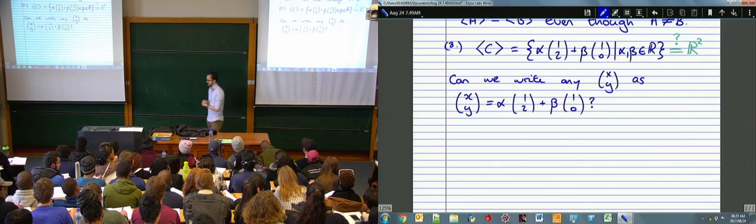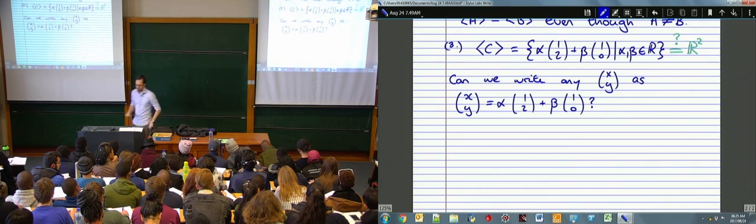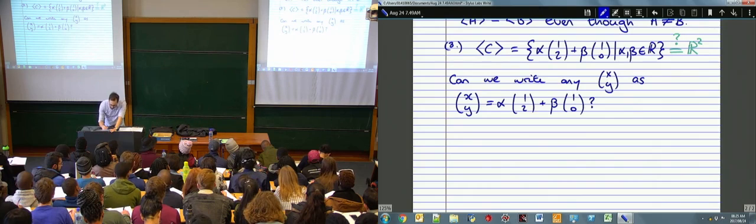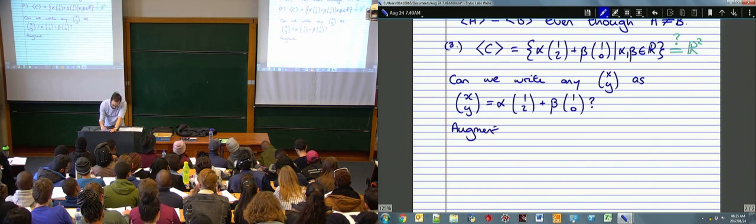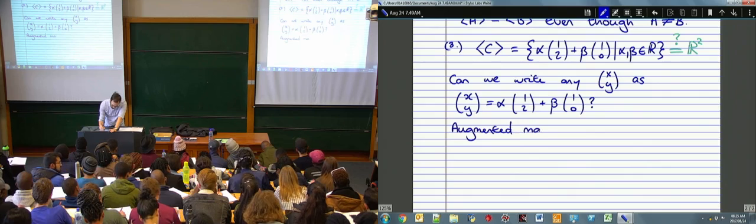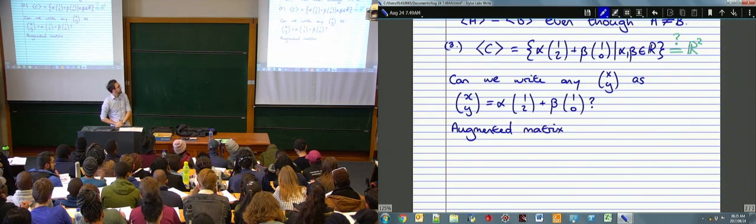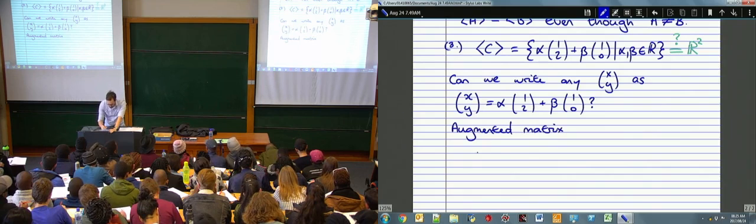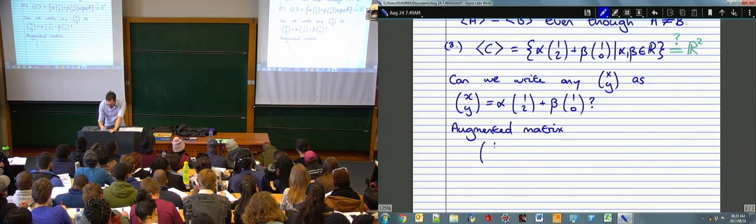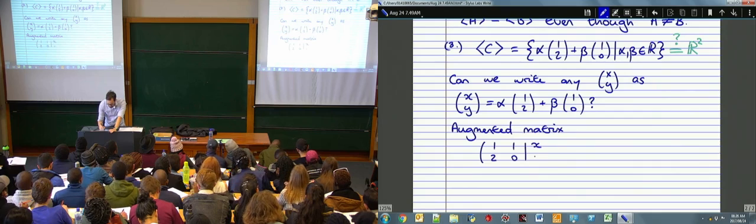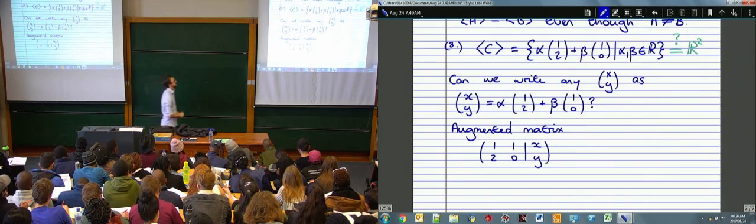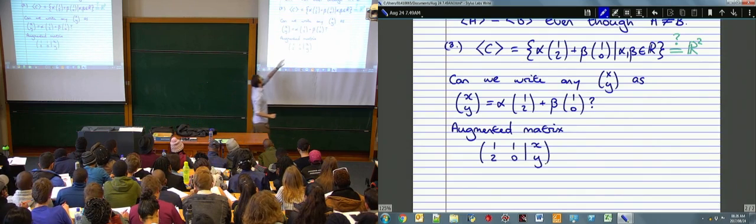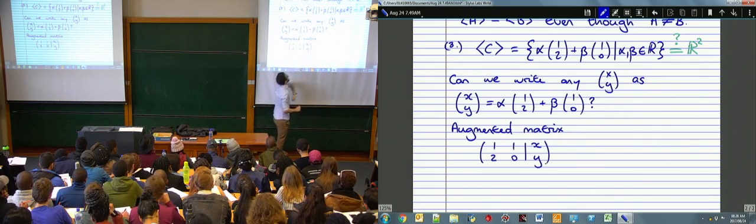And how do we solve systems of linear equations? Well, we can solve them by doing some Gauss reduction. So we write up an augmented matrix. The first column corresponds to alpha, the second column corresponds to beta, and then we want xy, we want a combination of 1, 2, and 1, 0 to add up to give us xy.